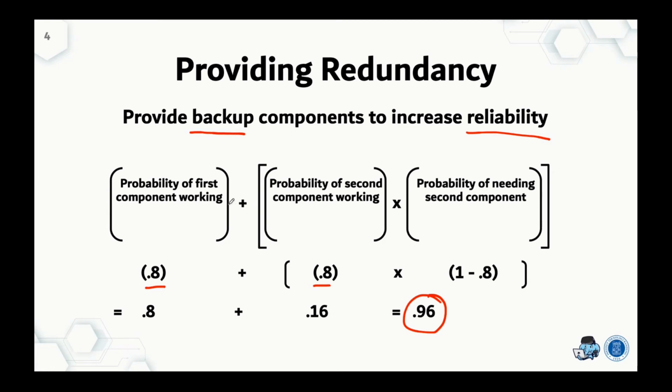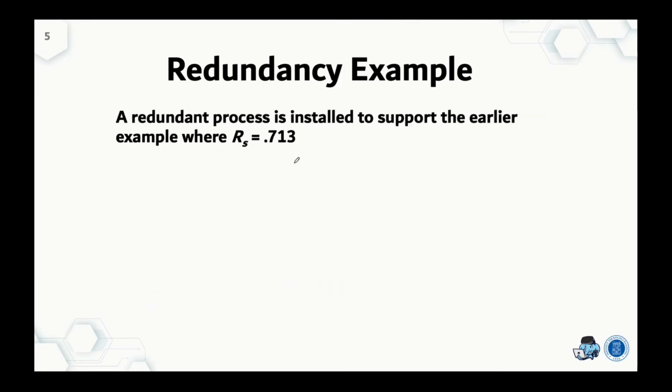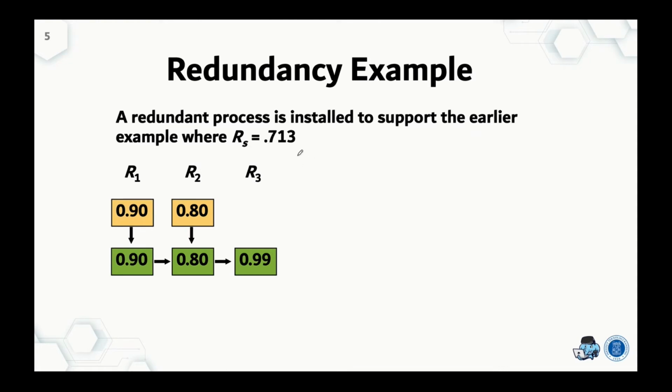Take a look at the example. In the previous video, we already understood that this system, the green one, without the backup in this case, has a total reliability of 0.713. How to increase the reliability of the system?